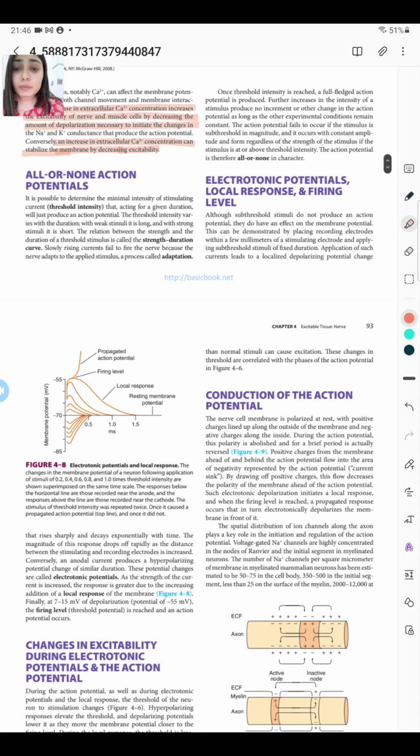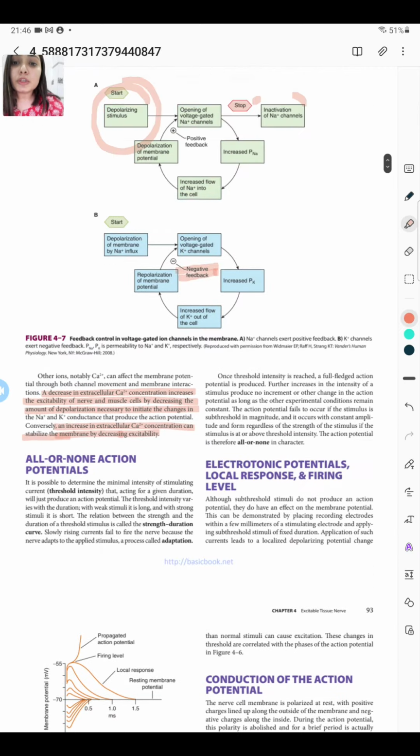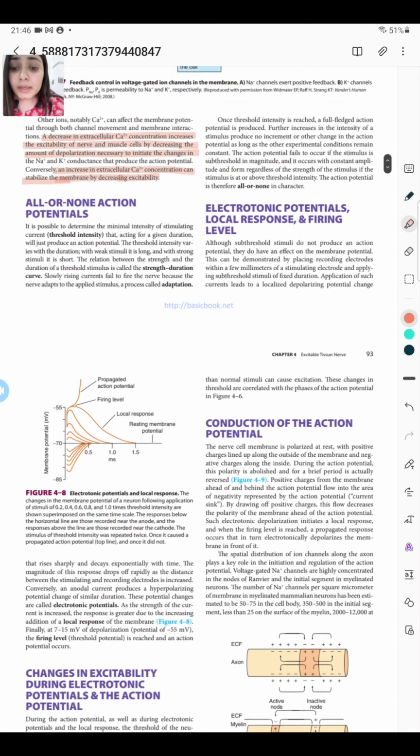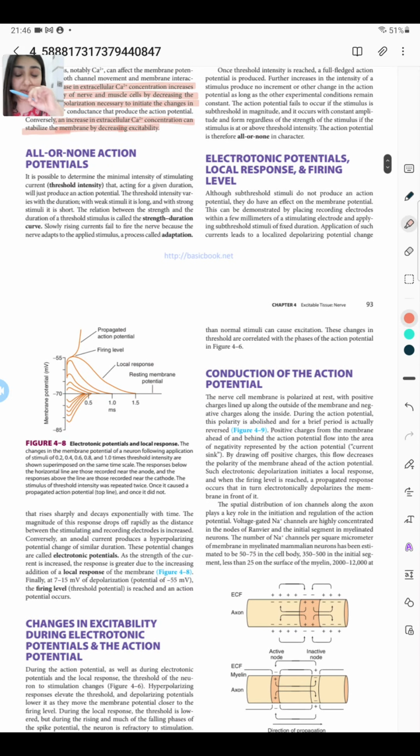Now comes the concept of the all or none principle. We have seen that there is a certain threshold voltage above which the action potential is generated, right? So it is given by the strength duration curve. They say that a minimal intensity of the stimulating current that is given for a given duration will just produce an action potential.